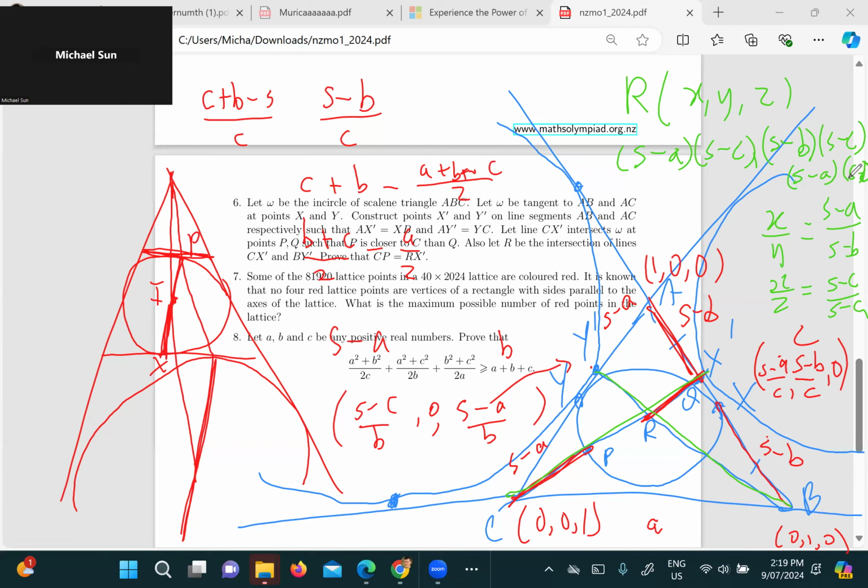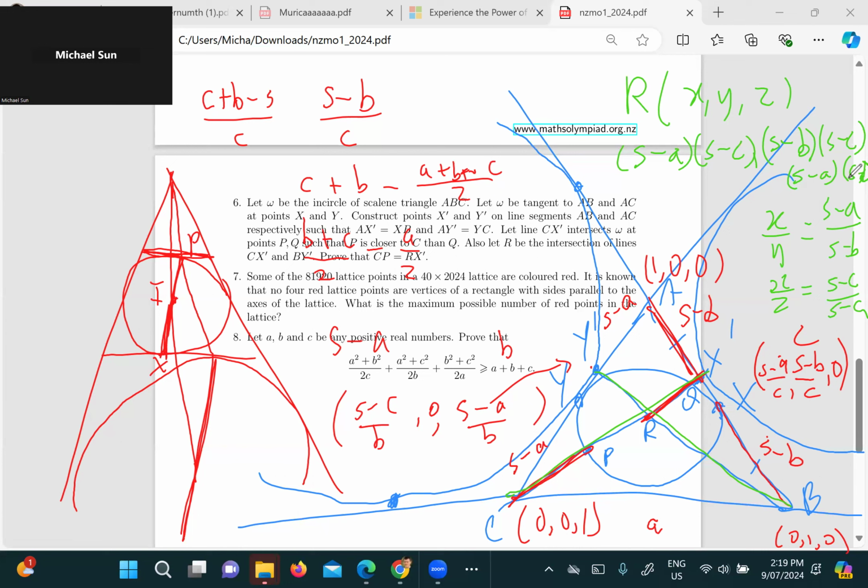It should be S minus B, it really doesn't make any sense for it not to be. X over Z is meant to be S minus C on S minus A, so there should be an S minus A squared.